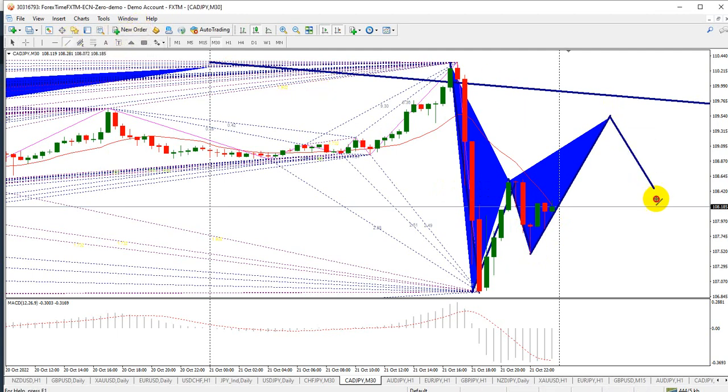So let's wait for when the market opens. We may see more correction towards this region, and then price will go down. Once we see a nice setup on the lower time frame, we can take entry and then sell CAD JPY.